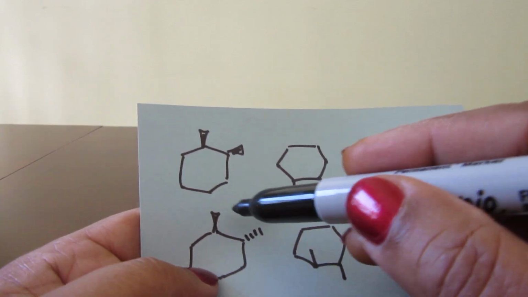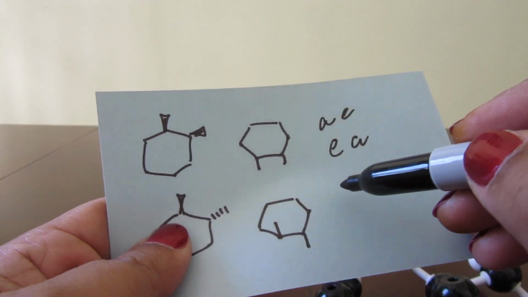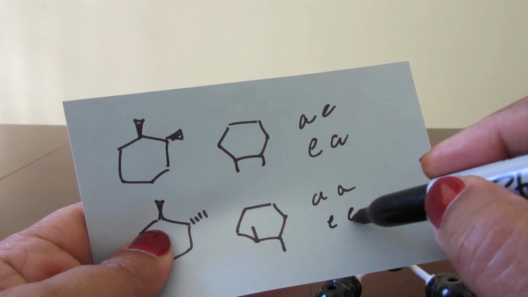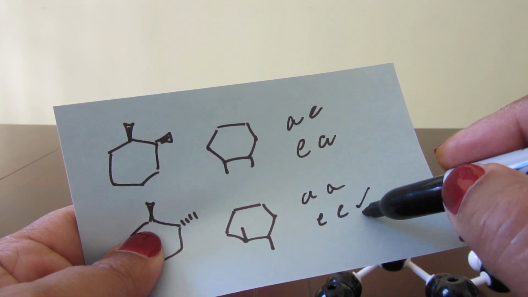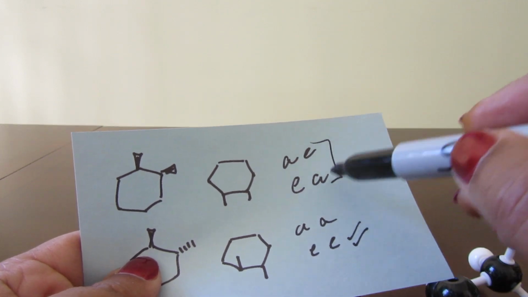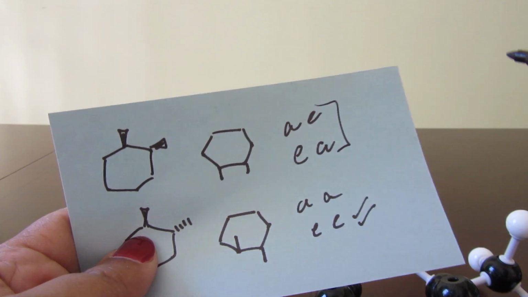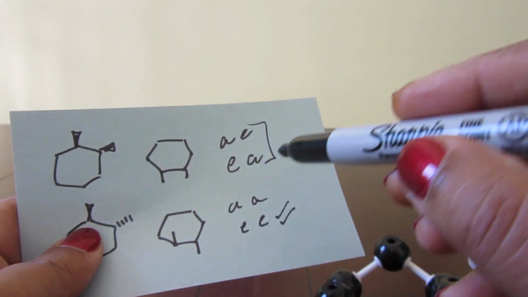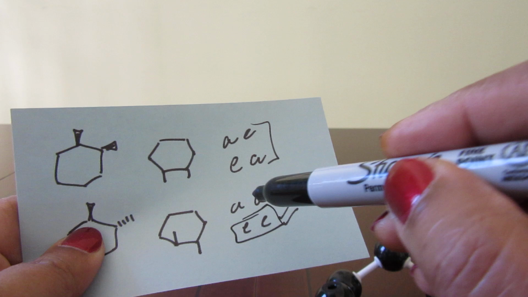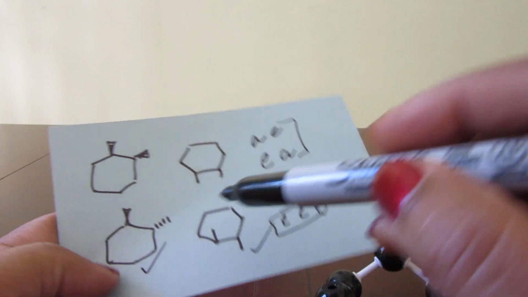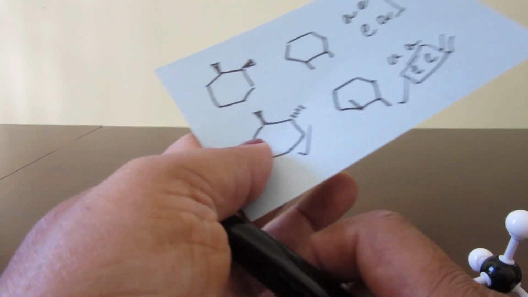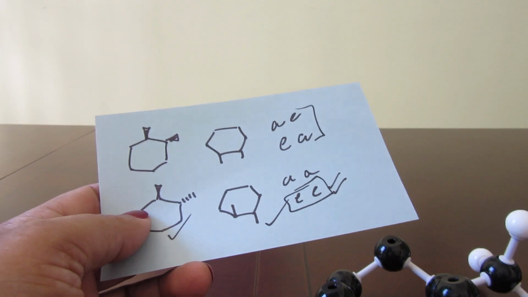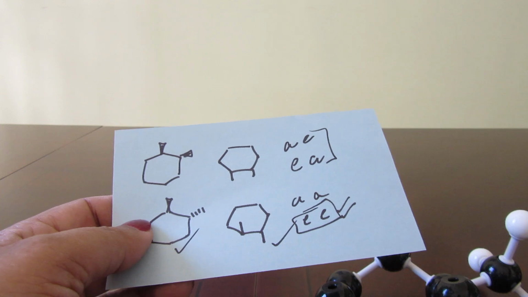But in this case, you started with axial and axial, and now you have equatorial and equatorial. So this is going to be more stable. These two are exactly the same kind of structure, so no difference there. So the conformation where you have the two equatorials is going to be more stable. So trans is more stable because of that also, because the conformation is preferred to be equatorial in trans.